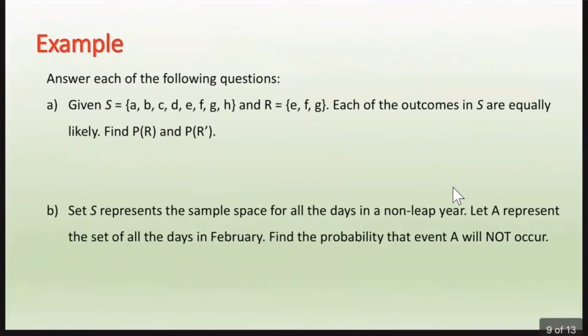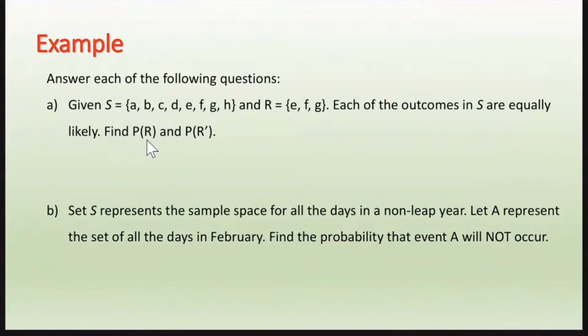Here we go. So these are also based on the complementary probability. Answer each of the following questions. S is the sample space, or the total possible outcomes. And here we have A, B, C, D, E, F, G, H. That is 1, 2, 3, 4, 5, 6, 7, 8 possible outcomes. And the event R is E, F, G, which is 3 of them. Each of the outcomes in S is equally likely.